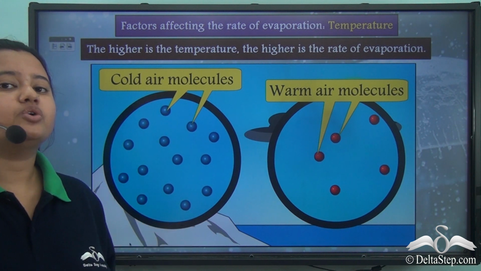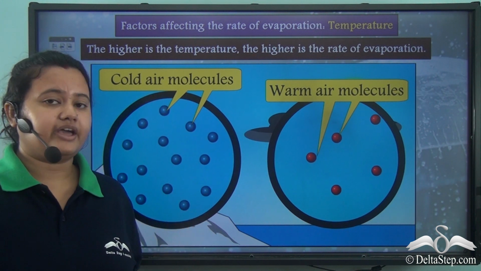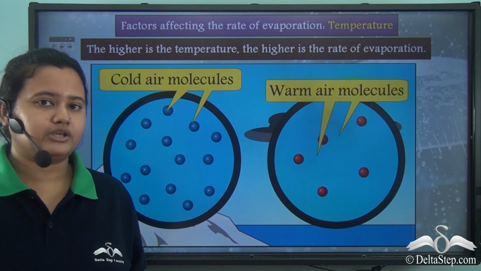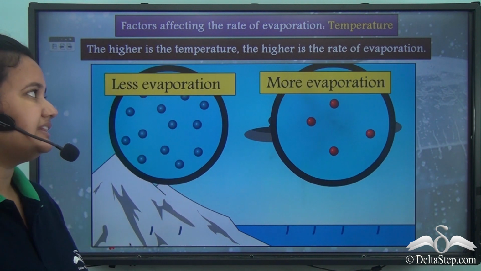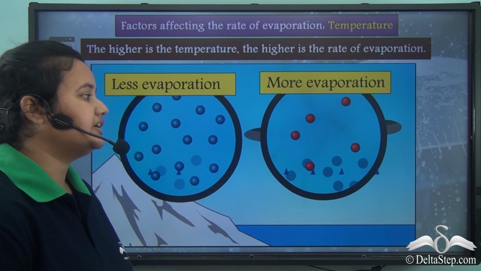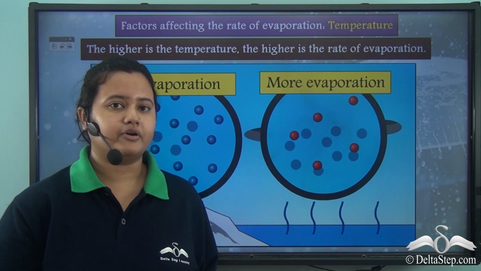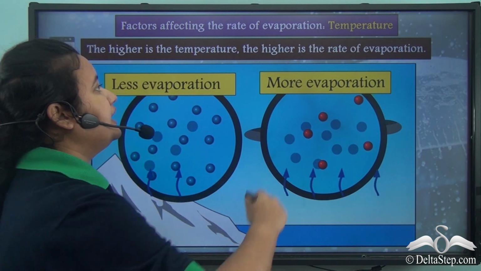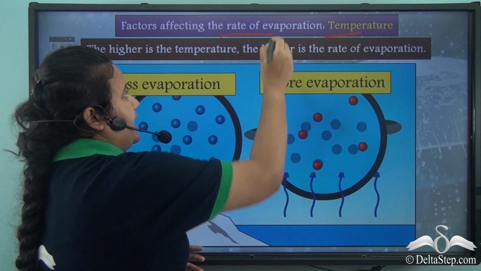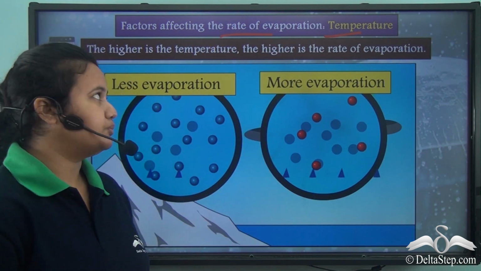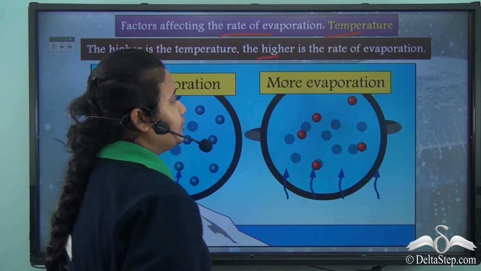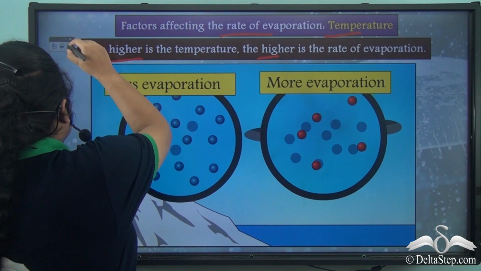So the moisture holding capacity of cold air reduces and it absorbs fewer water molecules. So here we see that the rate of evaporation is higher if the temperature is warmer. This is how temperature affects the rate of evaporation, and both are directly proportional. That is, the higher the temperature, the higher the rate of evaporation.